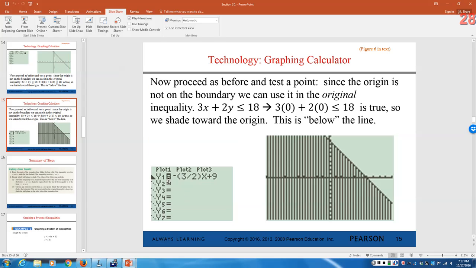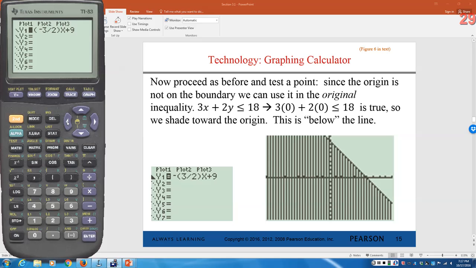Here's what you actually have to do to get that little symbol there. You move your arrow to the left, and this is actually on your handout. You move your arrow to the left until you're sitting in front of Y1. And notice that the line in front of Y1 starts flashing. If you hit enter repeatedly, it'll change through several different things.